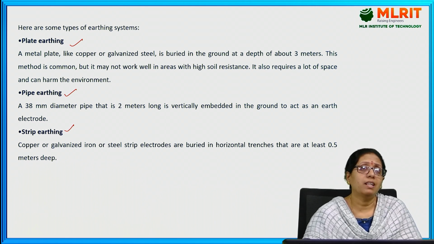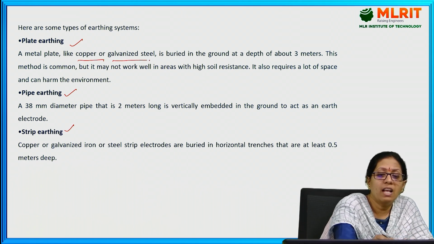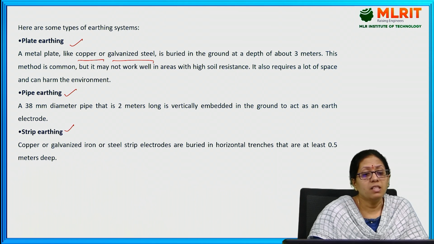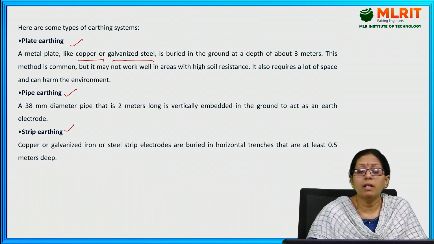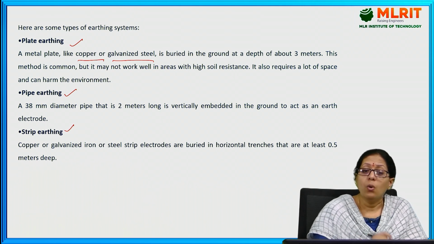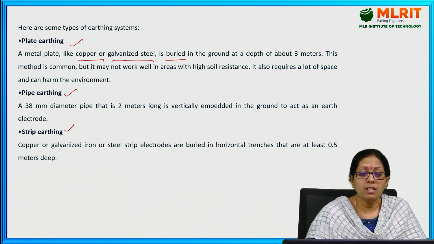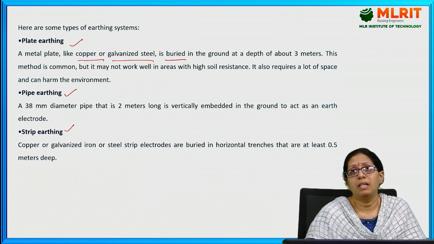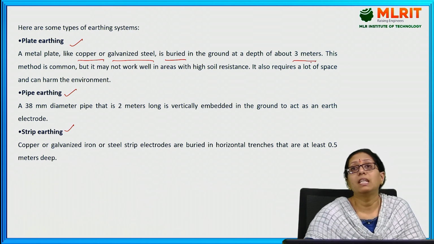What is plate earthing? A plate earthing uses copper or galvanized steel. That means a plate is being used for earthing, which is mostly made up of a material like copper or galvanized steel, which is being buried in the ground at a depth of about 3 meters.